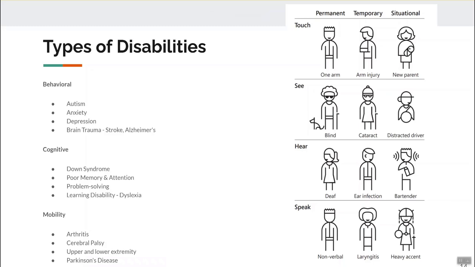But also, this graph doesn't show other types of disabilities, like behavioral, which is autism, anxiety, depression, or brain trauma; cognitive, like Down syndrome, poor memory, and problem solving and learning disabilities; and mobility, like arthritis, cerebral palsy, and upper and lower extremity.